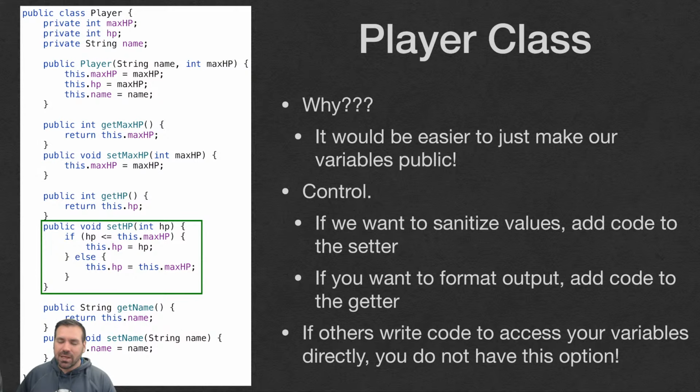And somebody else on your team, because you're always going to be working on a team out there in the world, somebody else on your team is going to be creating objects of type player and messing with the whoever's writing the physics engine or the combat engine. Somebody writing the combat engine might have some complicated formula to calculate damage, and they might have some edge case in there that they haven't quite handled where the numbers just absolutely blow up.